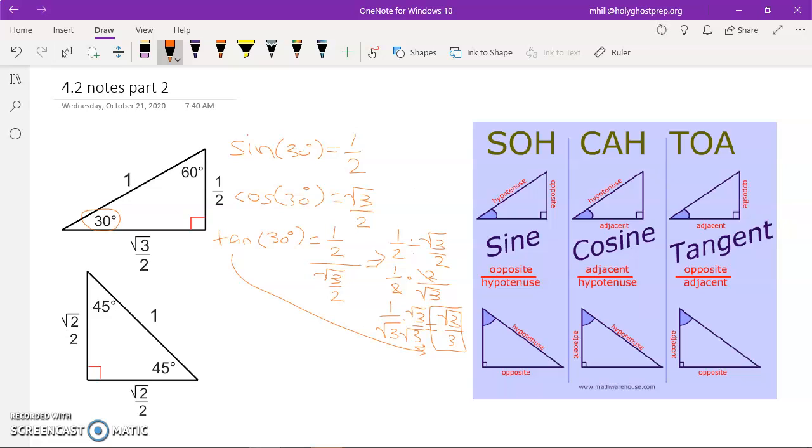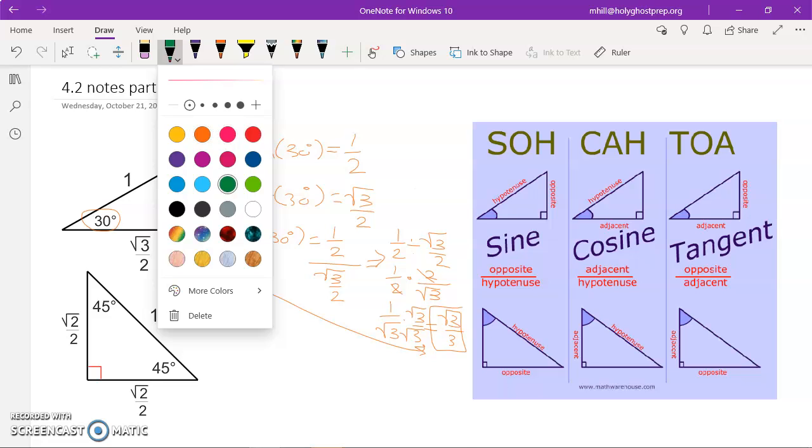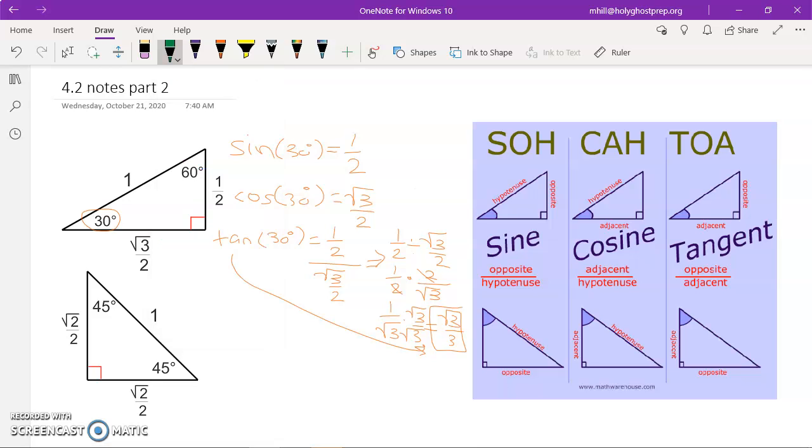Sine and cosine are nice because sine is just this value, the opposite length, and cosine is just the adjacent length. All right, let's do the 45 degree ones. So sine of 45 degrees. Let's focus on this angle right here. Opposite. So that is √2 over 2 over hypotenuse, and the hypotenuse is 1, so the same thing.